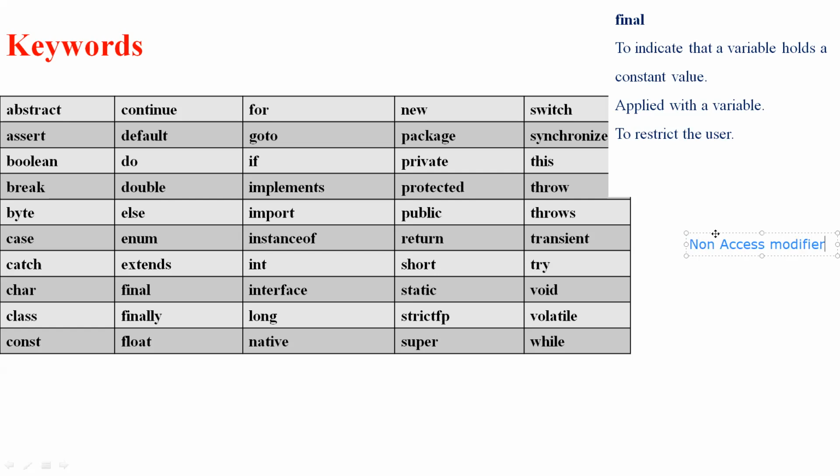So by using this final, we cannot change any particular value which is defined with final. So the constant values which are applied to variables are restricted for the users. So whenever a programmer writes a particular program, he will have the ability to use the final keyword.